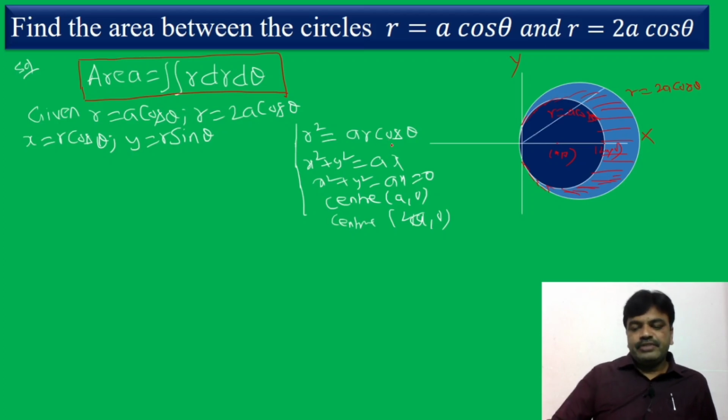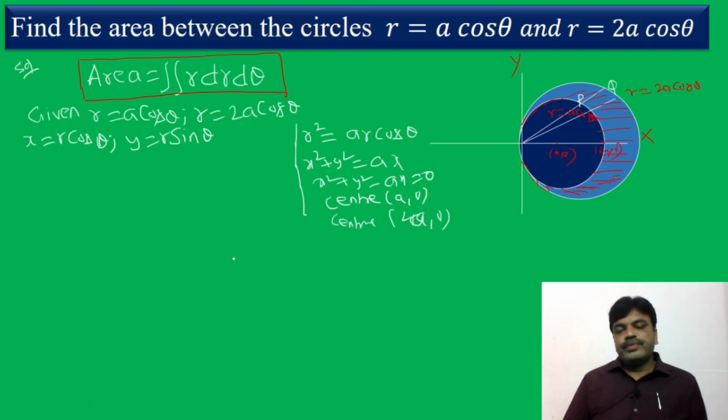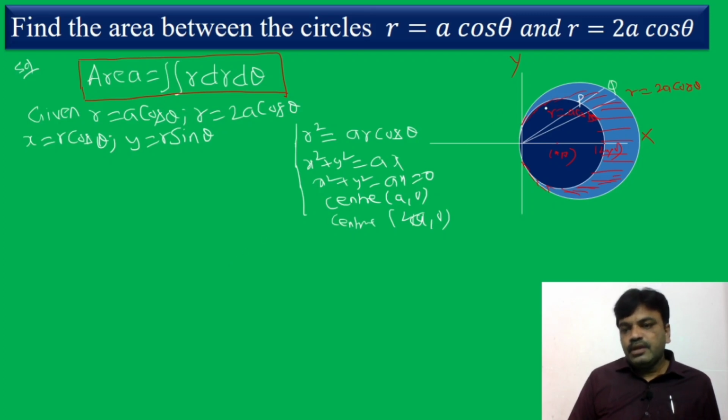Name the points P and Q. If I turn the wedge from here to here, it covers this region. First I want to find the r limits.